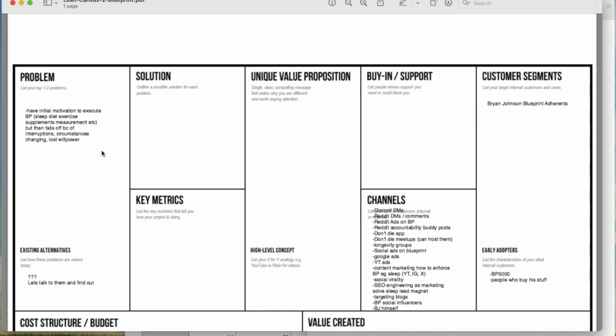People execute Blueprint, the sleep, diet, exercise, supplements, measuring all that stuff, and then it falls off because of interruptions: the cues change, circumstances change, maybe you just don't have motivation anymore. I don't know the existing alternatives, we're going to figure this out. Maybe this is not a great segment, maybe it is, I don't know.